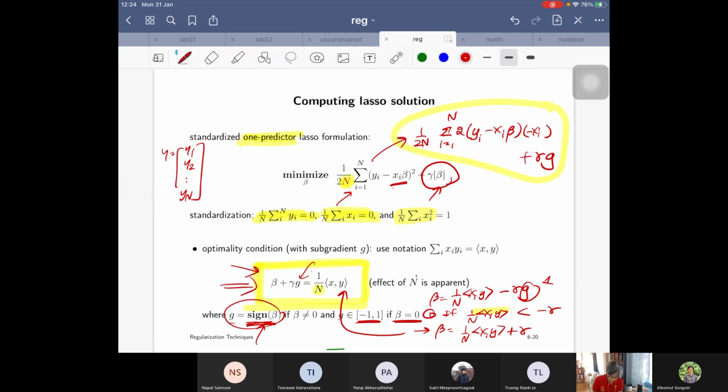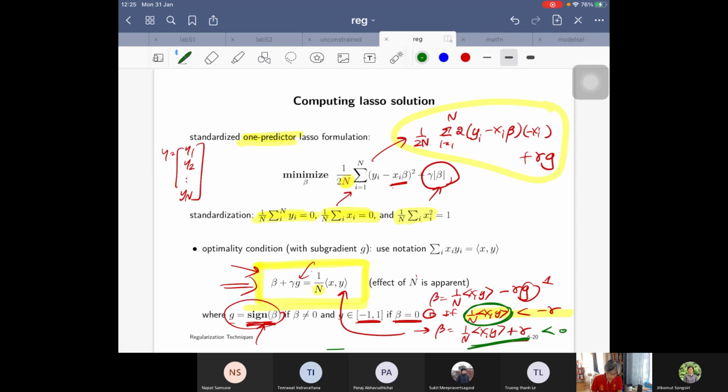What's the sign of my beta? The inner product between x and y being less than minus gamma means that quantity must be negative, so my beta would also be strictly negative.